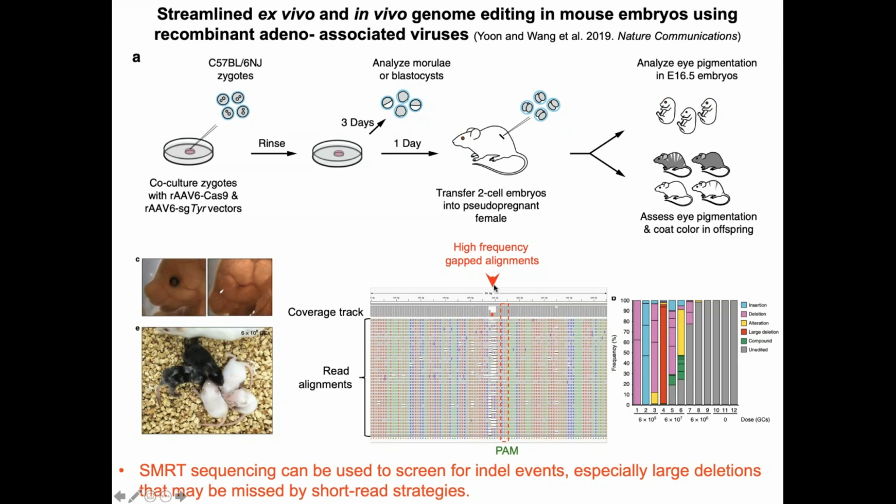So we also employed SMRT sequencing in order to tabulate the different indel events. And as Andy had suggested, one of the advantages of the PacBio approach is that you can also detect large deletions that may not necessarily be detected by other standard means.